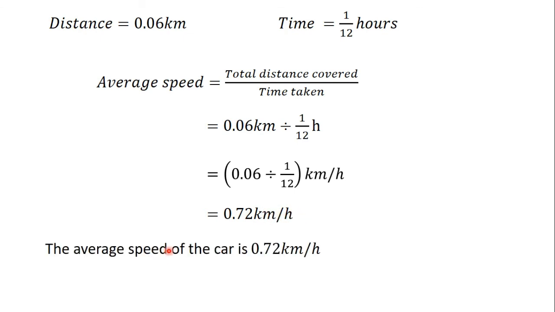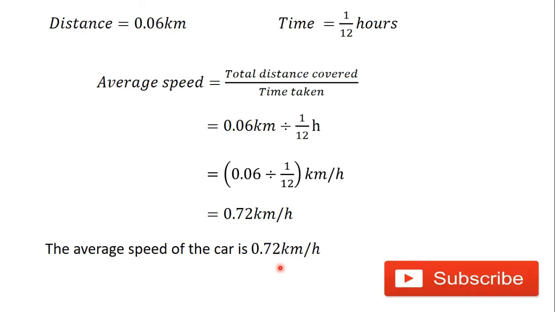So the average speed of the car is 0.72 kilometers per hour. So in meters per second, we had 0.2 meters per second, and in kilometers per hour, we are having 0.72 kilometers per hour.